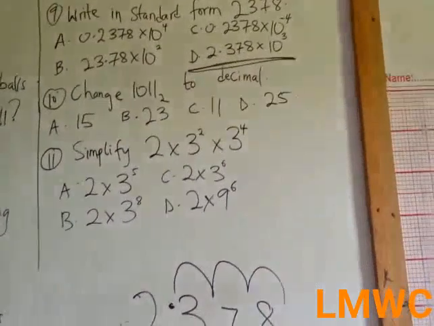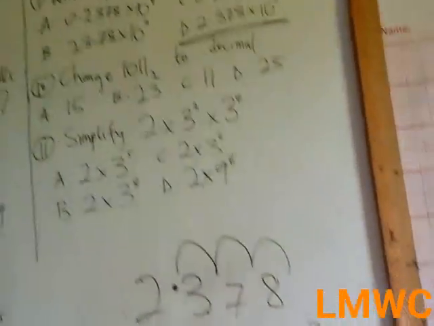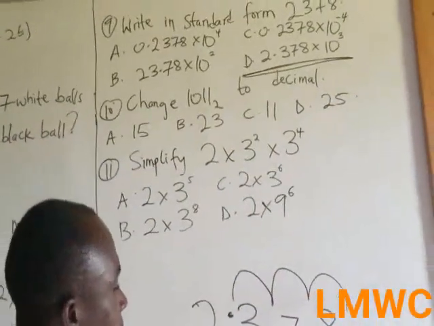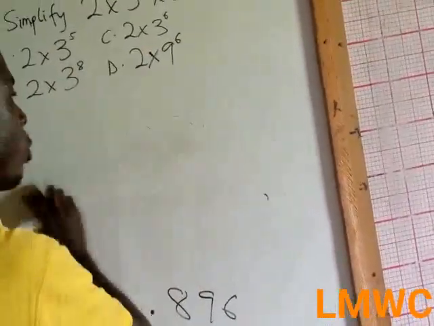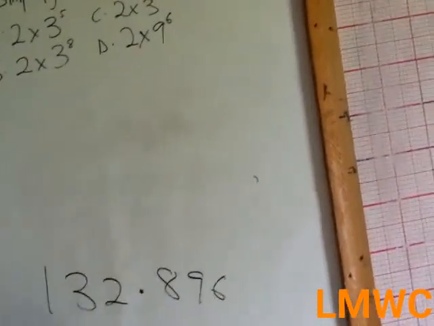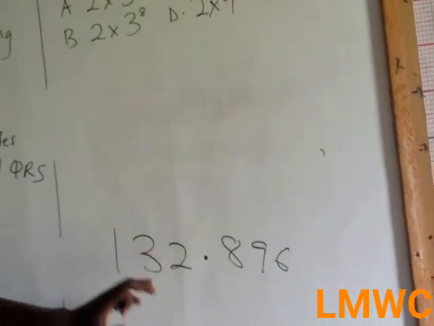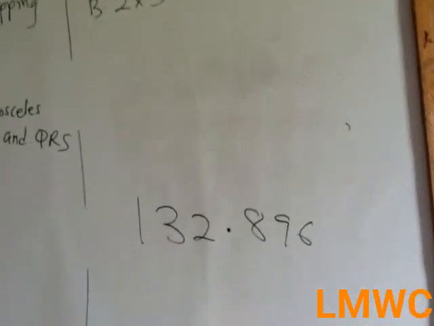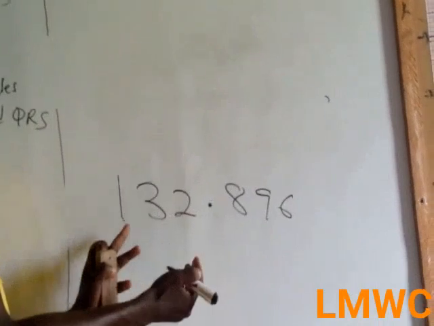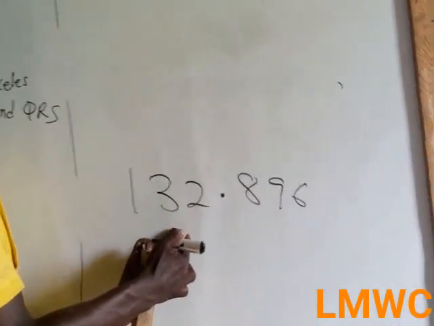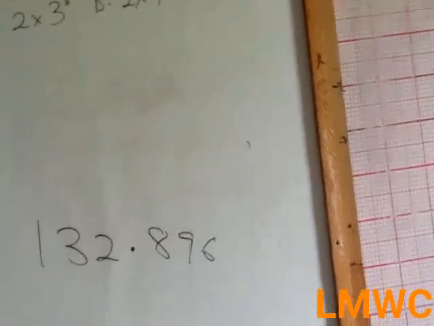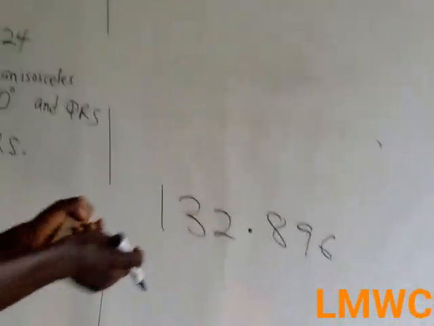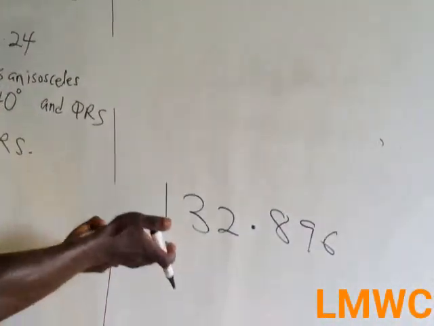Also, if I give you something like this, 132.896, you see I've given this to you and I've asked you to change this one to standard form. And to change this one to standard form, the point should be in between the first and the second number. Now, what is the first and the second number? It's 1 and 3, but it should be after the non-zero digits. And we don't have any 0 here.